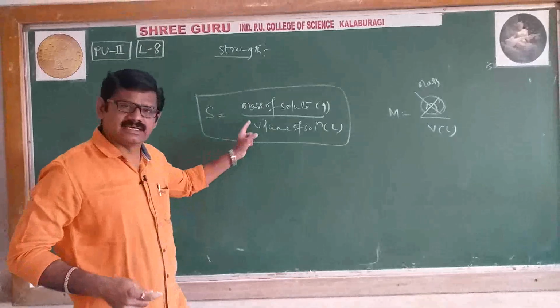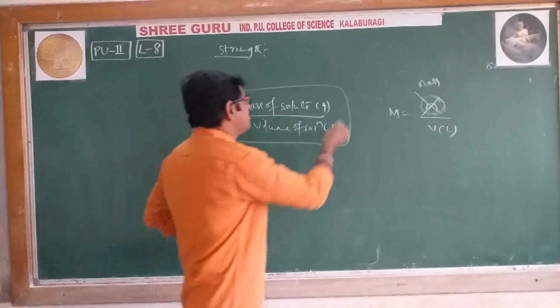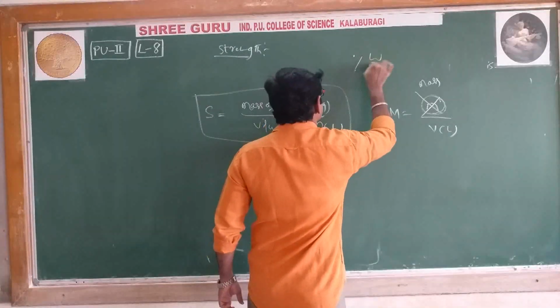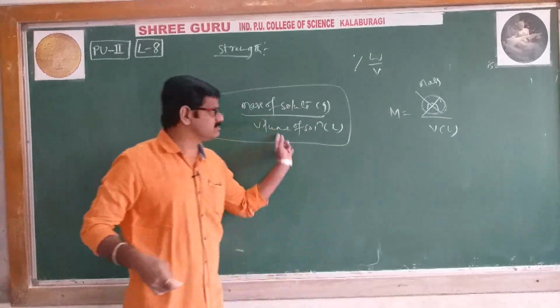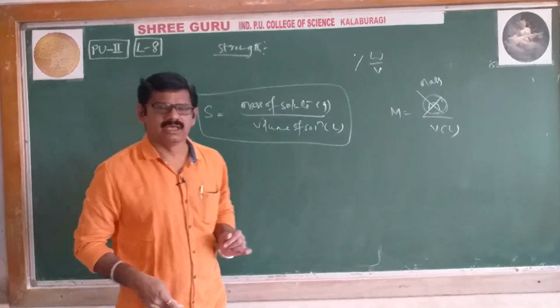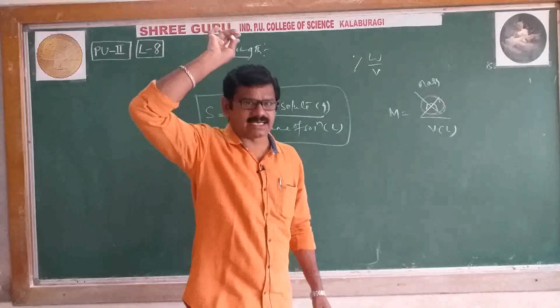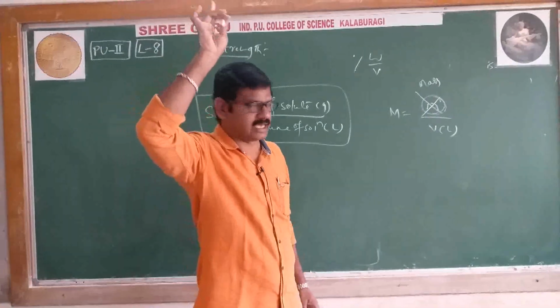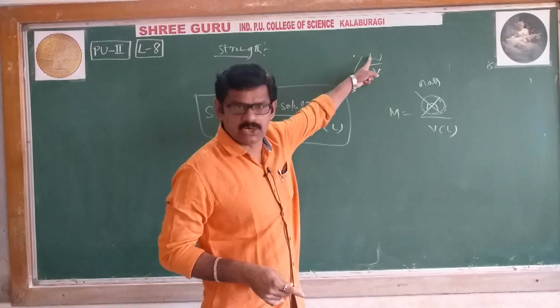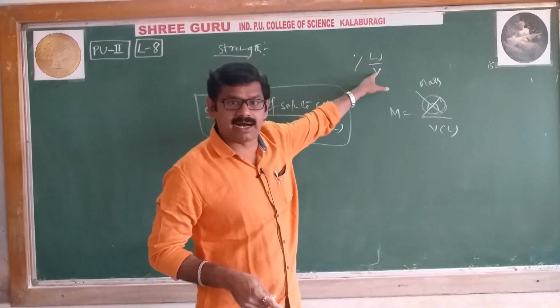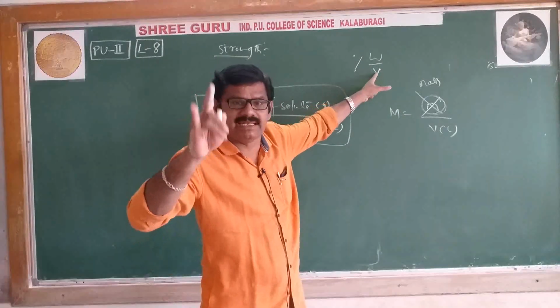Sir, is it similar to percentage W by V, or mass by volume? No, it is not similar to mass by volume. Why? Because in mass by volume we have taken the mass of solute in grams and the volume of solution in milliliters.